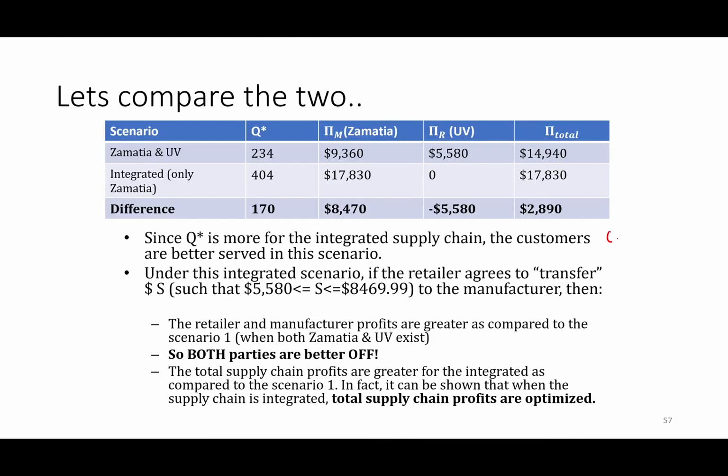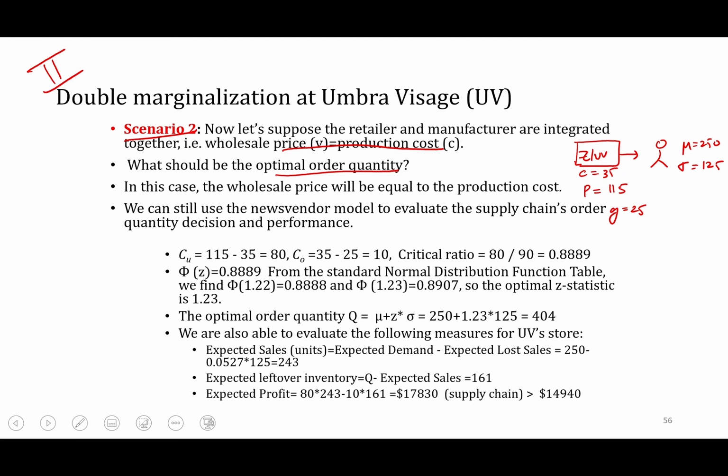Then what would my Q star be? It turns out to be 404, and corresponding to this we calculated the expected profit also, and found that this 17,830 is actually higher than the 14,940. This turns out to be the maximum profit that the supply chain can make.